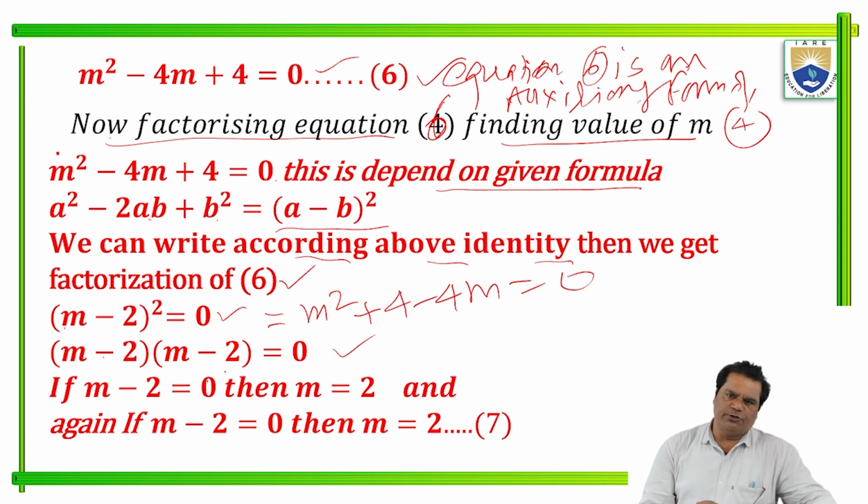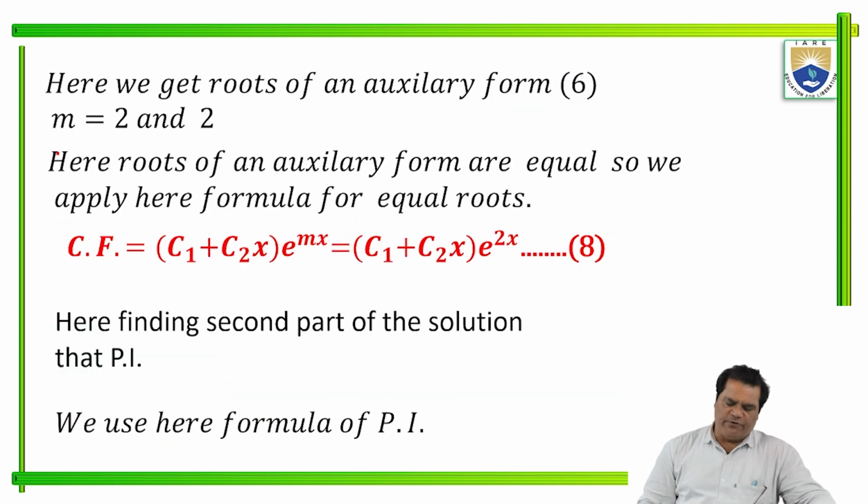If m minus 2 equal to 0, then m is 2. Again, if m minus 2 equal to 0, then m is 2. So we find the roots of m of the auxiliary form: m equal to 2, 2.